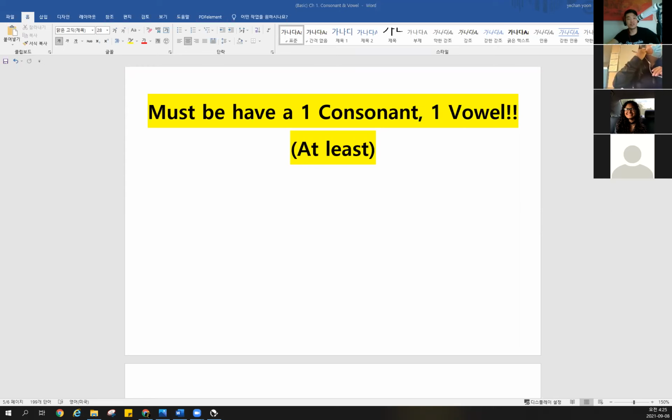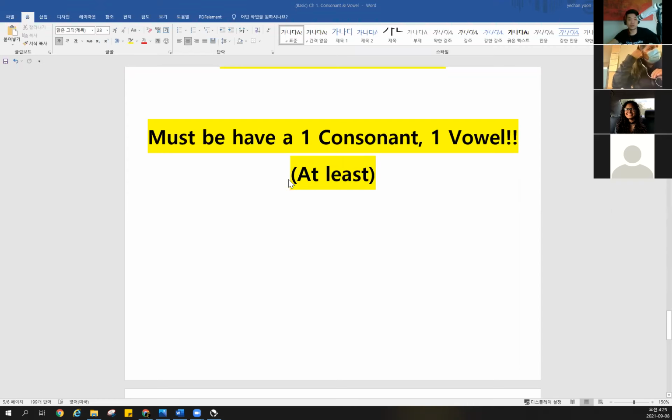Okay, then I'm going to give this tip and then we're going to go to the practical class. For a letter, you must have at least one consonant and one vowel. One consonant alone or one vowel alone cannot be a letter.